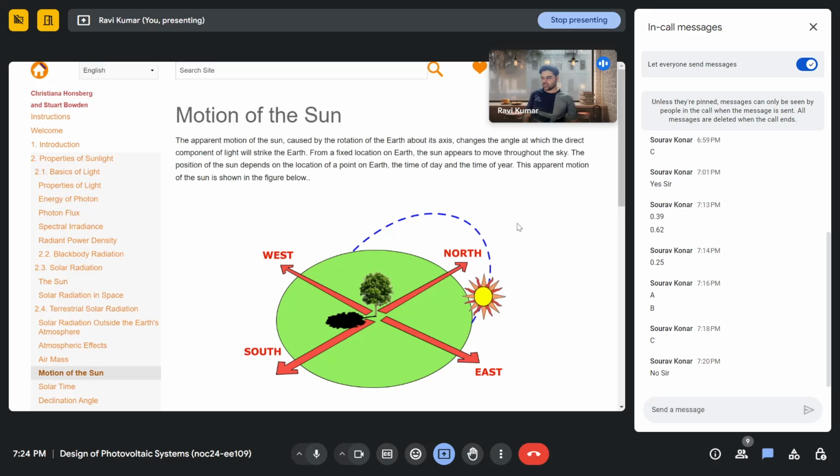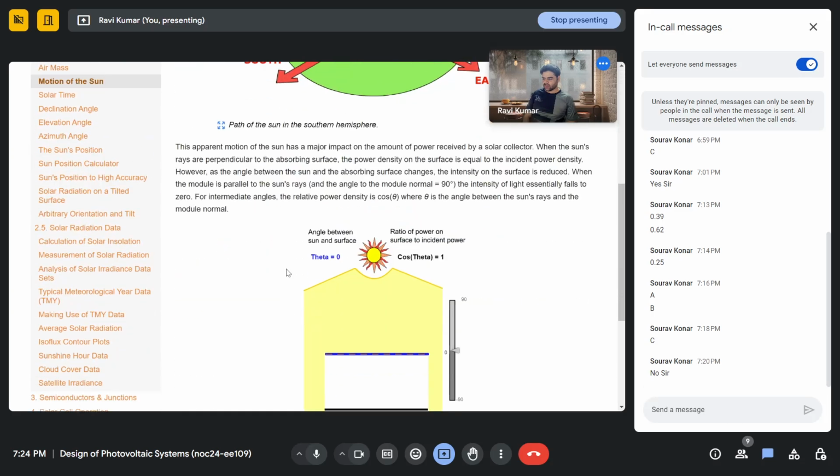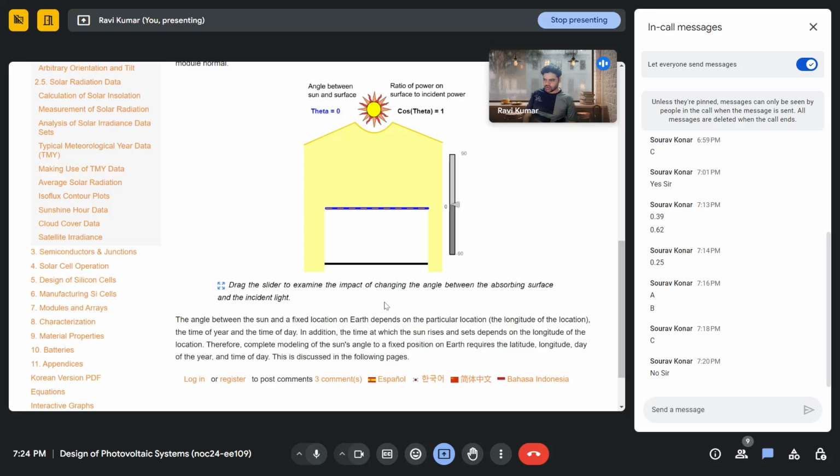Using this website, you can understand things in a very lucid manner and in a better way. See, this is sunlight on a flat plate. You can change the angle of the flat plate like this. See, this is the tilt angle.